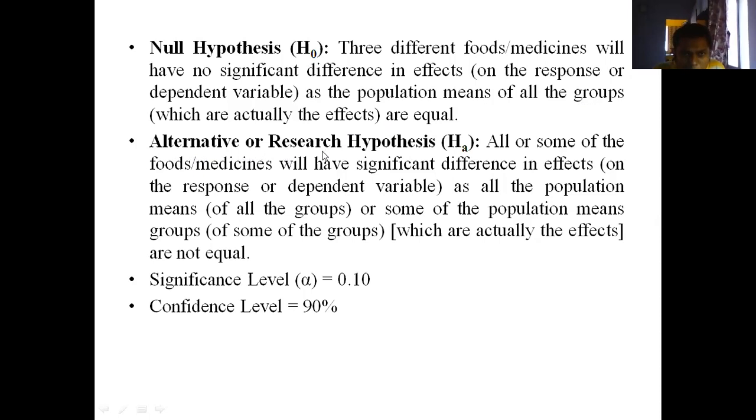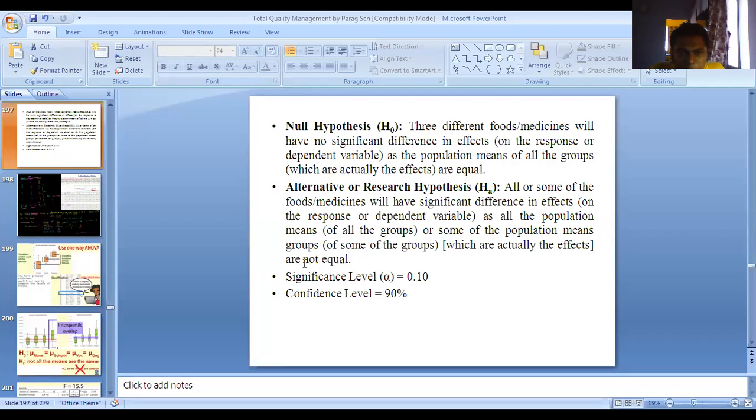And your alternative or research hypothesis was that all or some of the foods or medicines will have significant difference in effects on the response or dependent variable, as all the population means or some of the population means of some of the groups, which are actually the effects, are not equal. And we have performed this analysis at the significance level alpha equal to 0.10 and confidence level equal to 90%. Okay.